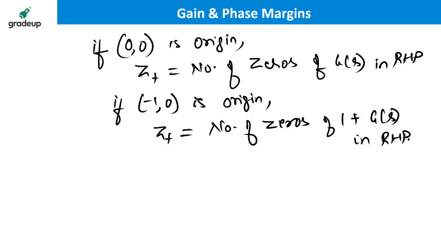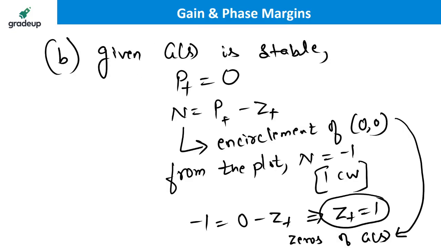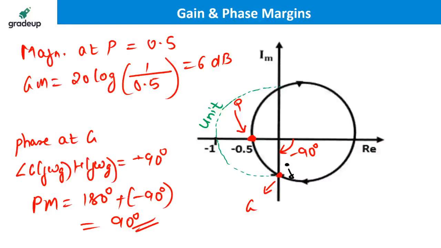Next one. Next screenshot. Gain margin 6 dB, phase margin 90 degree.